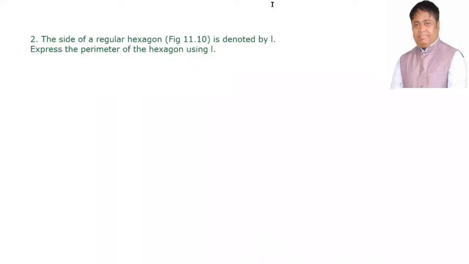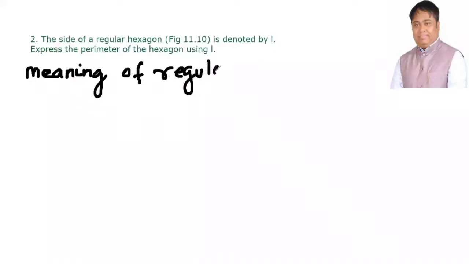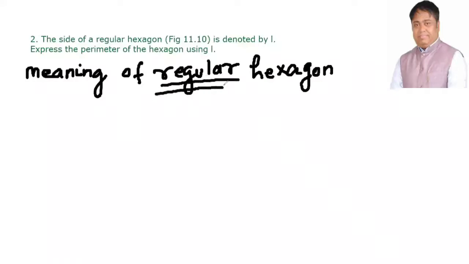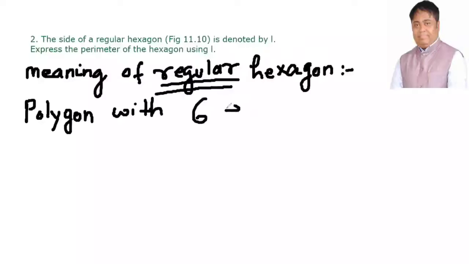So meaning of regular hexagon is a polygon with 6 equal sides.